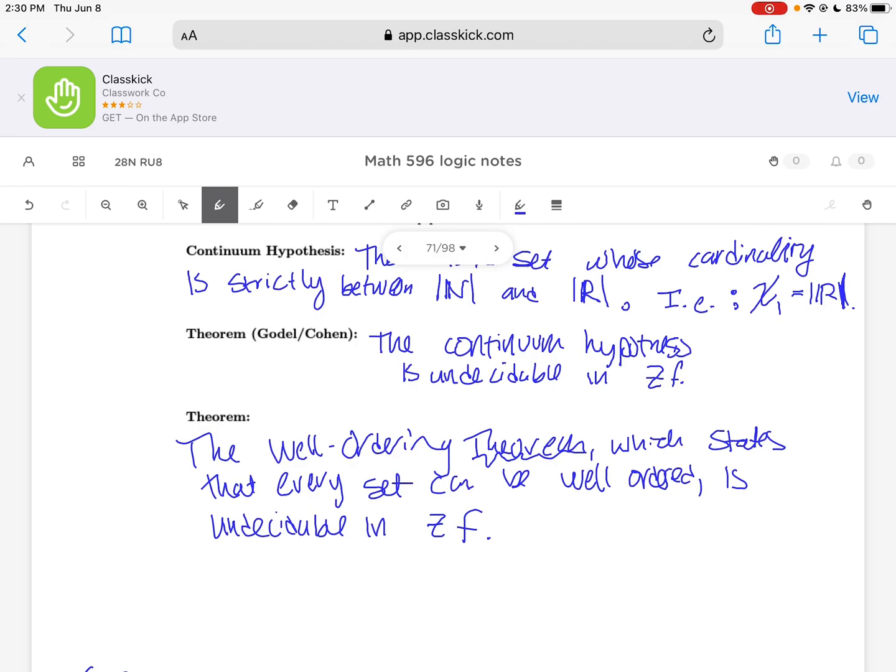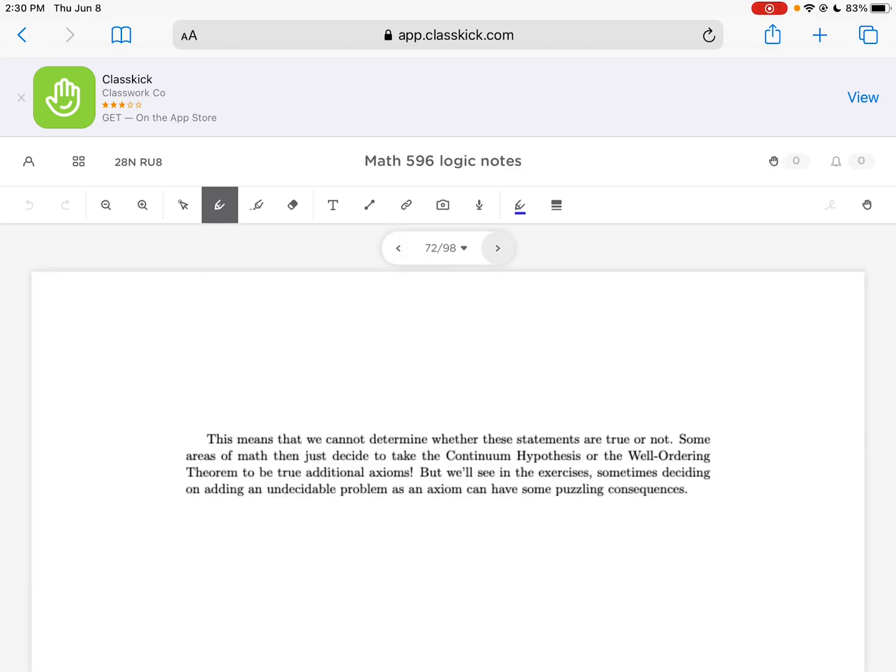Now, this is just a couple of examples of undecidable problems, but what this means is that we're not ever going to be able to prove that they're true or they're not using ZF, and probably using a lot of other systems as well. Now, some areas of math will then just decide, if the continuum hypothesis seems reasonable, they'll just decide to add in the continuum hypothesis as an axiom.